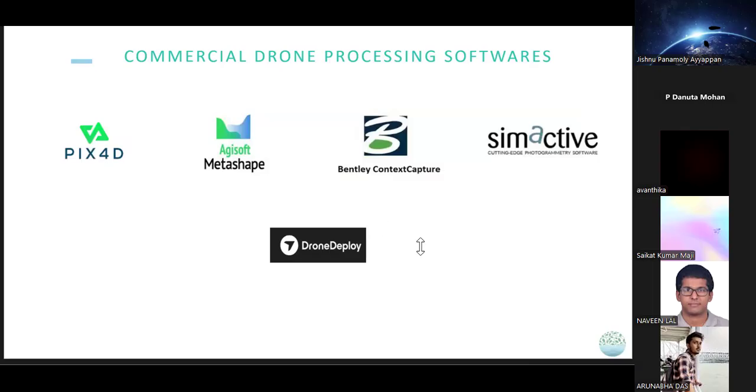So especially for projects, research work, or if you are working in an industry, you should always use licensed software, because the data is too huge to use in any cracked software. So always go for the licensed versions, but these are a bit expensive also.